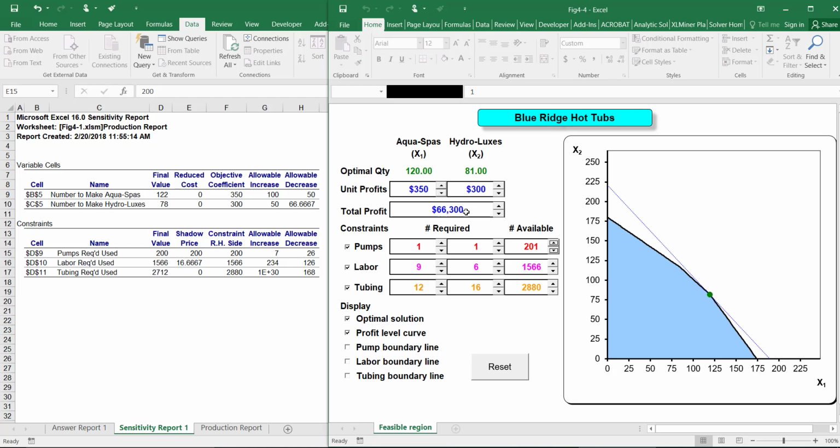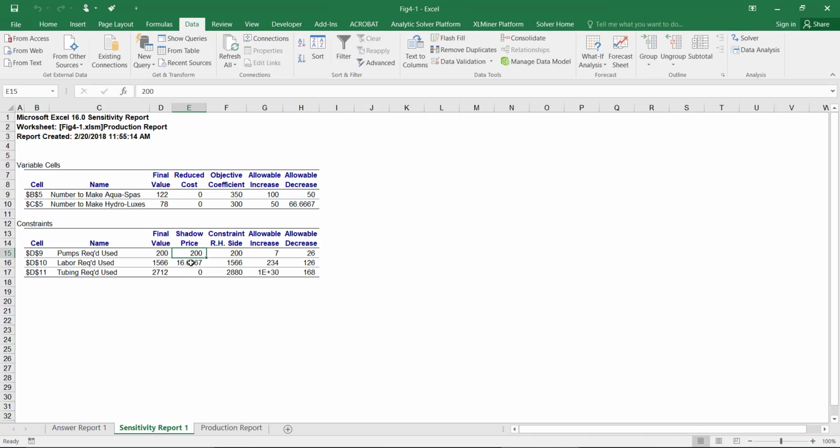So basically shadow price means that if I increase the resource by 1 unit, how much is it going to improve my profit? You can see the second constraint has a smaller shadow price.